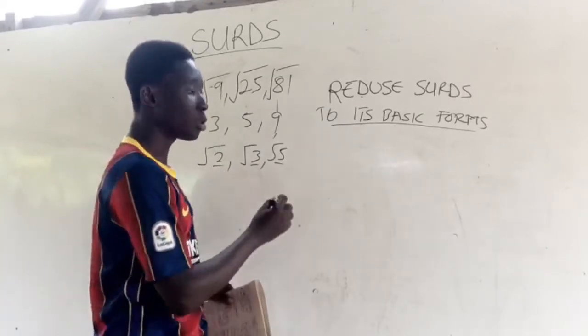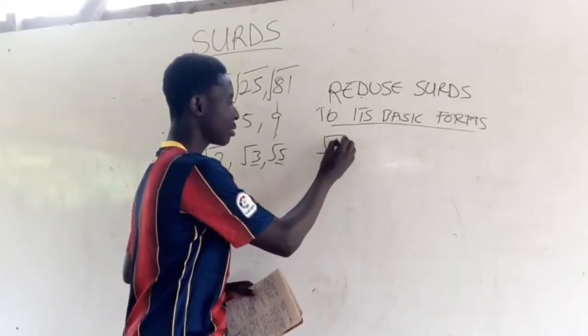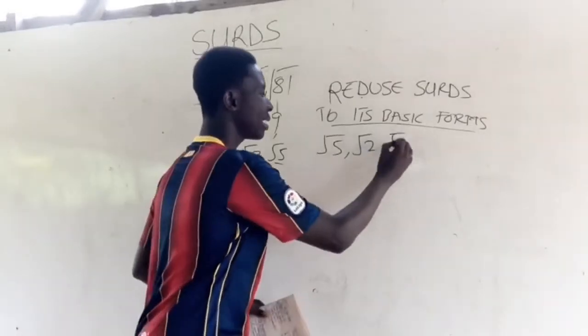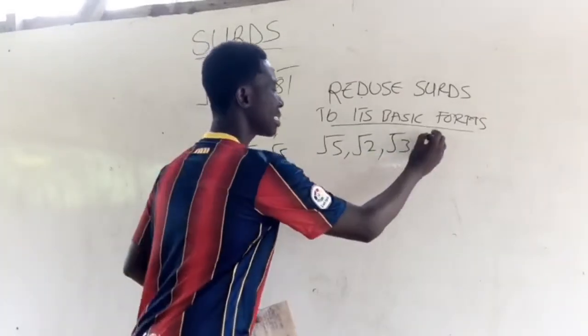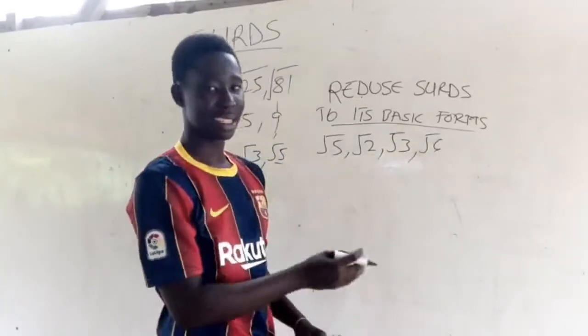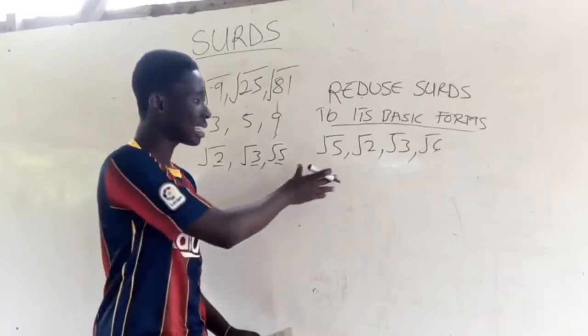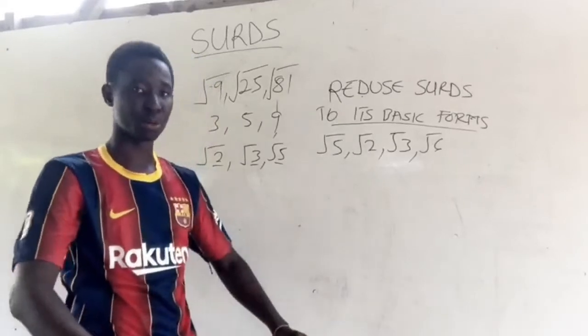For example, root 5, root 2, root 3, root 6: these cannot be simplified further. So we can say that they are in their basic forms.